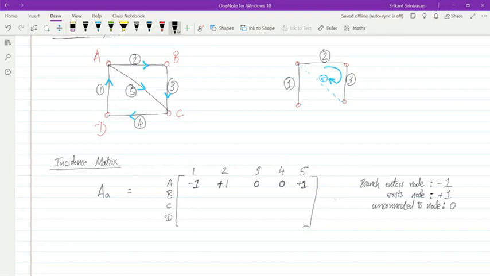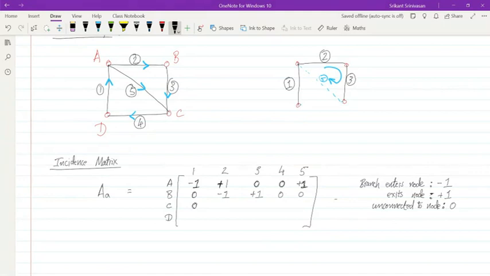For B, 0, -1, 3 is +1, 4 is 0, 5 is 0. Fine. Then what about C? C is 0 with respect to 1.